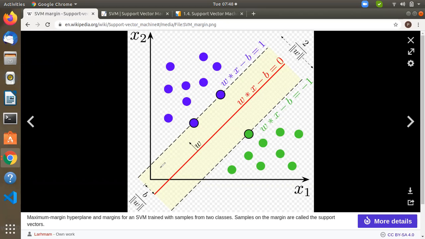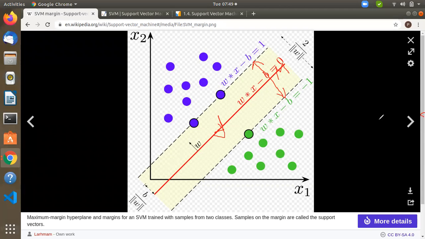Okay. Now after that, this particular red line is known as the hyperplane. Then the marginal distance, the difference between this and this, is known as the margin.